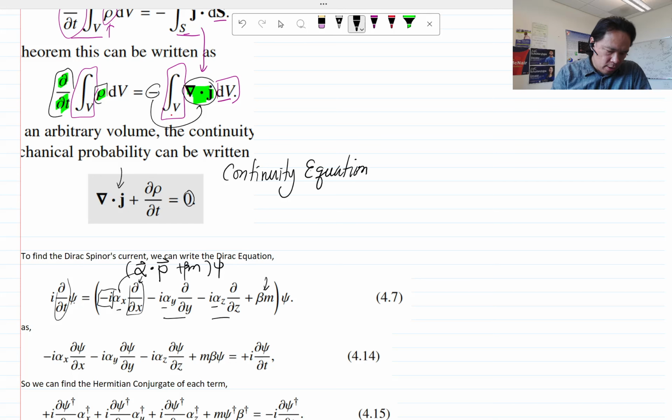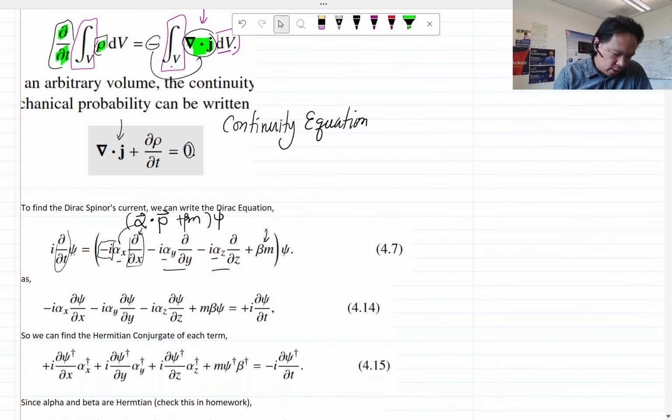Okay, so if we rearrange things a little bit, we can basically move this to the right hand side, and only look at how we distribute this wave function through each term. Then we can find the Hermitian conjugate of every term separately.